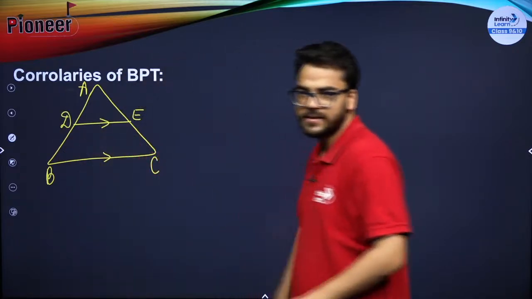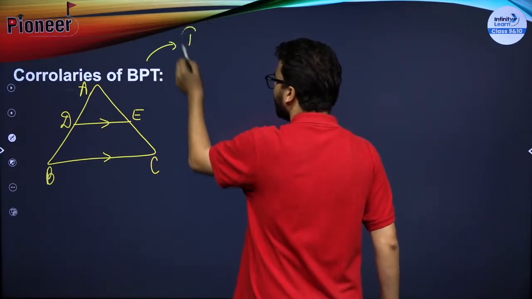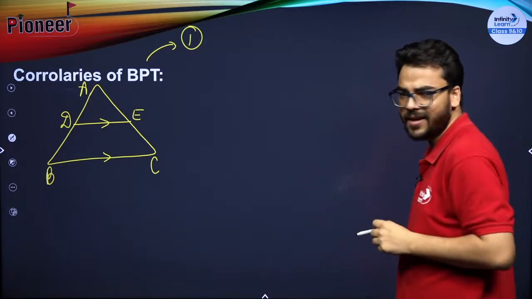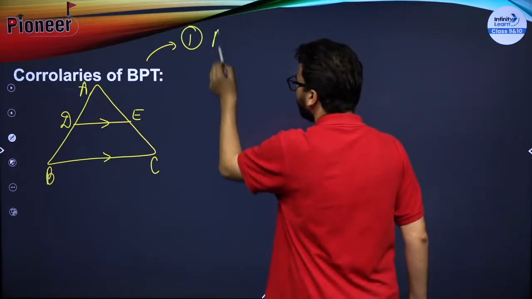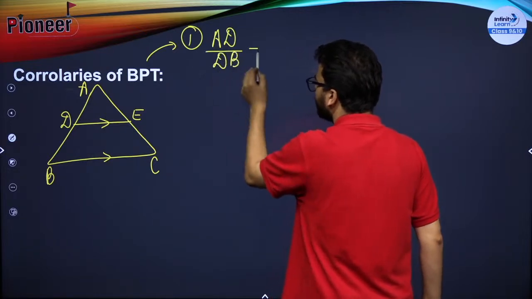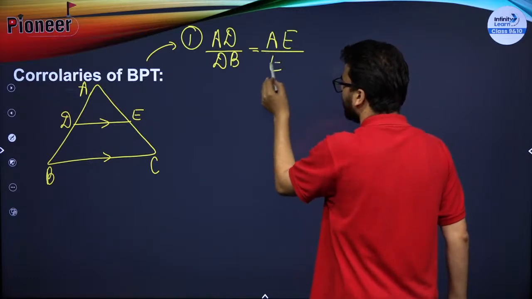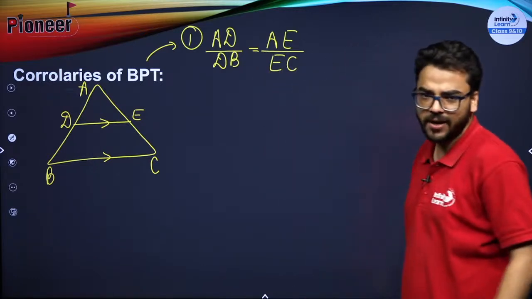So the BPT, which we have done in the previous slide, is AD by DB is equal to AE by EC. I hope this is clear up till here.